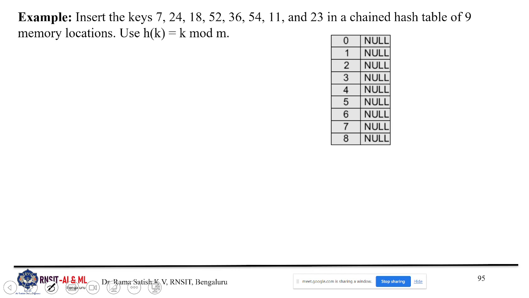Look at here. I want to store these values 7, 24, 18, 52, 36, 54, 11 and 23. And total size of my table is 9. That means it starts with 0, it goes up to 8. I use a hashing method, that's the division method. Hash of k is equal to k modulus m, where m is the size.